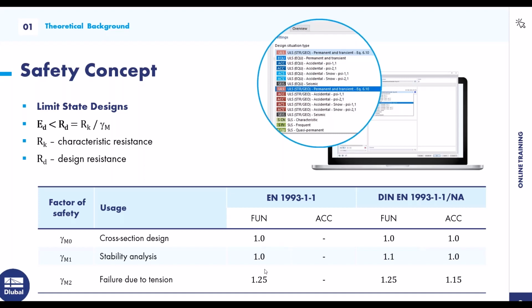You can see the different coefficients here, and those are the coefficients for the German national annex. You can see that for the stability analysis there is another safety coefficient. But if you select the German national annex, for example, or another national annex, this coefficient is considered automatically by the program.